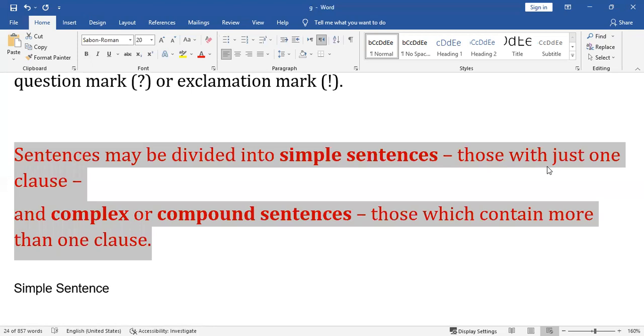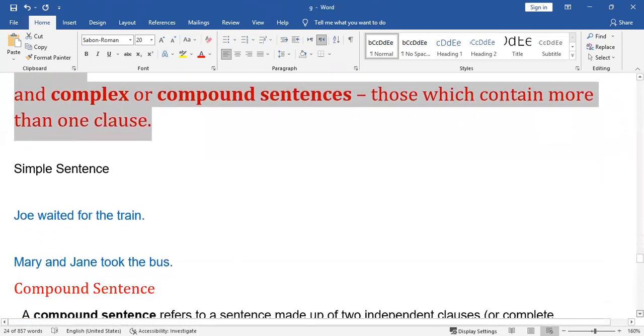Complex or compound sentences, those which contain more than one clause. والنوع الأخير اللي هو بيجمع ما بين الكومبلكس والكومباوند اللي بنسميه compound complex sentences. اوكي طيب هنشوف الكلام ده بالتفصيل علشان خاطر مش عايزين نتكلم كتير من غير أمثلة.